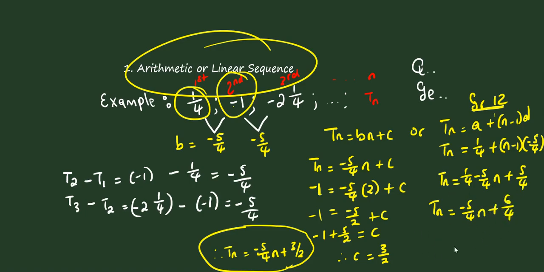That is your general term. When you simplify 6 over 4, you get 3 over 2, which is the very same thing as this one here. So you get the general term for your arithmetic sequence.